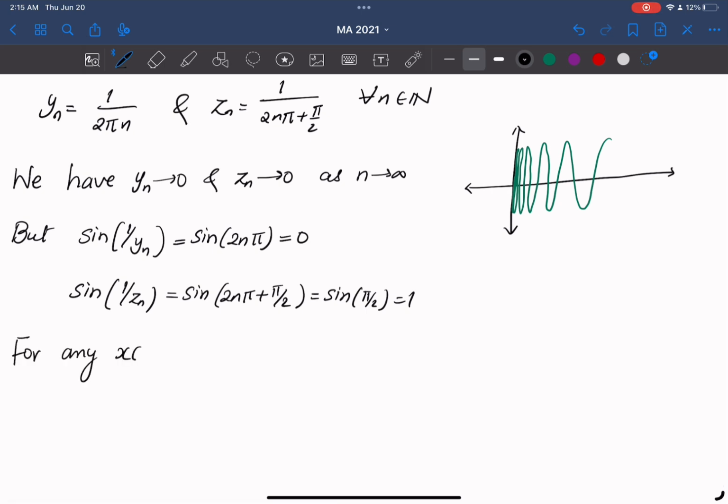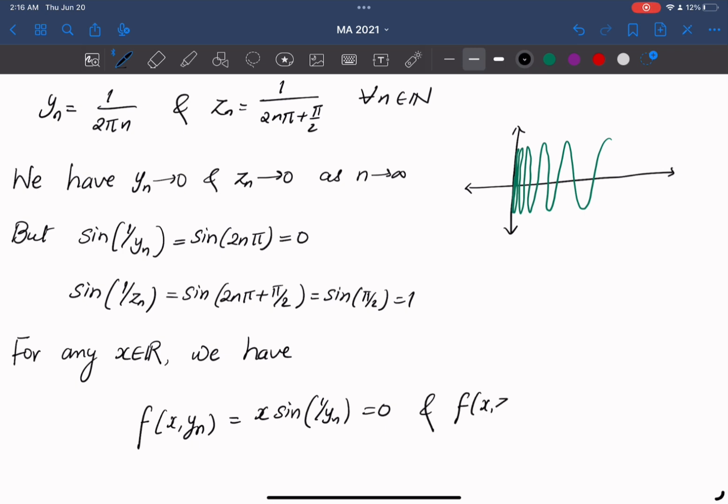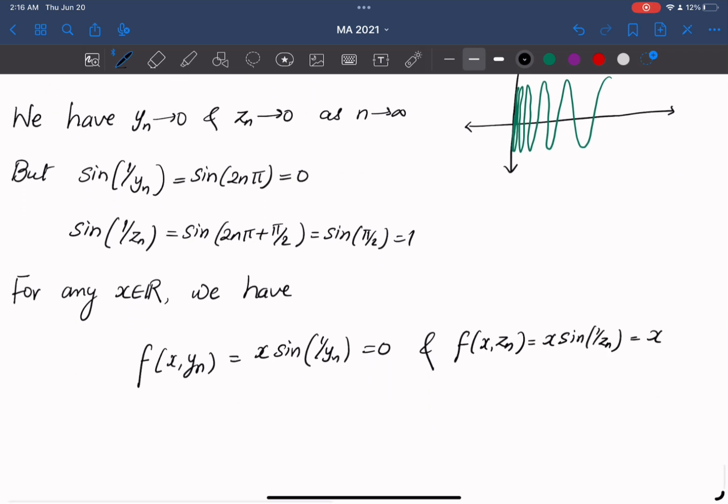Now, if you take any real number x, then we have the following. f evaluated at (x, y_n) is equal to x times sine 1 over y_n, and we know that this is equal to 0. Similarly, f evaluated at (x, z_n) is equal to x times sine 1 over z_n, which evaluates to x times 1, equal to x.